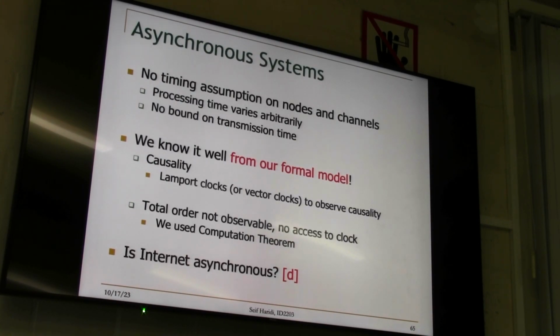So there are no bounds built into that. So you might say, yes, it's asynchronous. But that's very nasty, because if it were truly asynchronous, that would make things very hard and impossible. So we have to think a little more and understand the internet better.